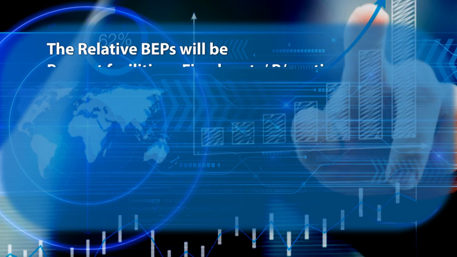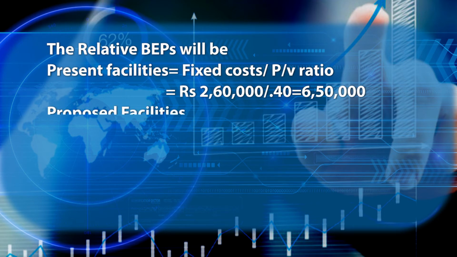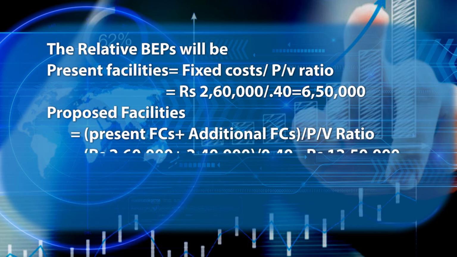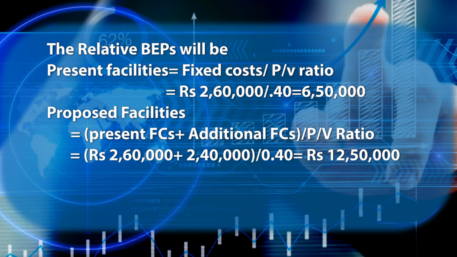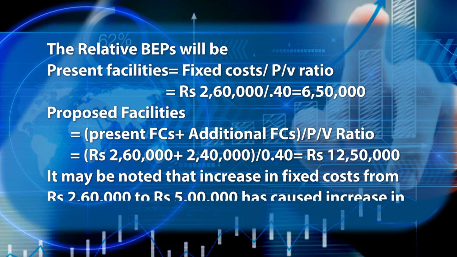The relative break-even points will be: present facilities is equal to fixed cost divided by PV ratio, which would be equal to rupees 2,60,000 divided by 0.40, which will give you 6,50,000. Proposed facilities will be equal to present fixed costs plus additional fixed costs divided by PV ratio. So, rupees 2,60,000 plus 2,40,000 divided by 0.40, which will give you rupees 12,50,000.